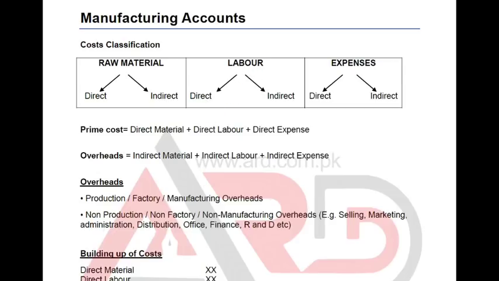That is the labor working in all production departments such as cutting, painting, assembly, finishing, molding, testing, welding. All the labor that is directly involved in making of a particular product or service is known as direct labor, and the labor which is not directly involved in making of a product is known as indirect labor.